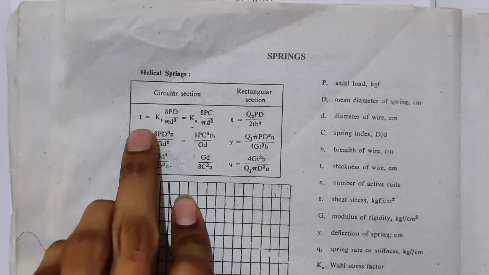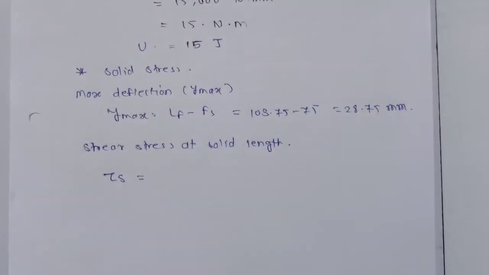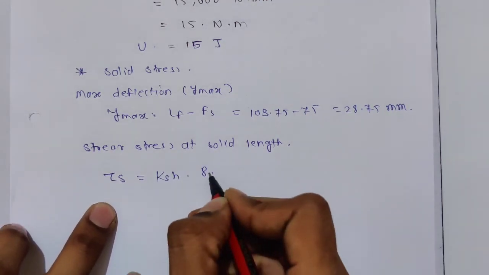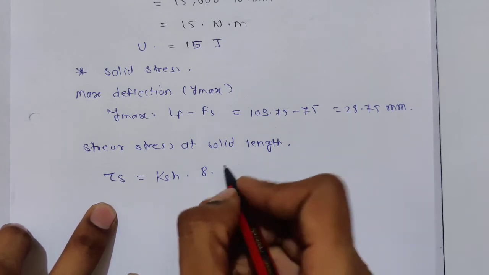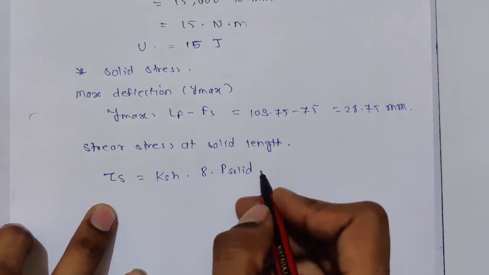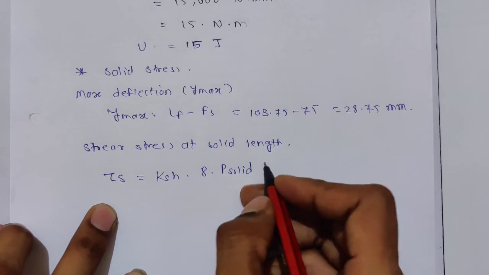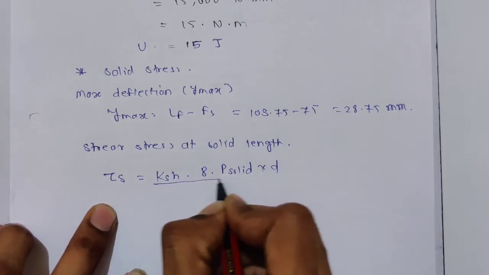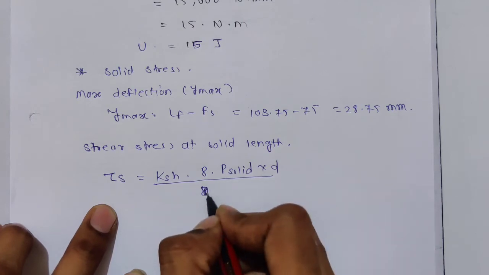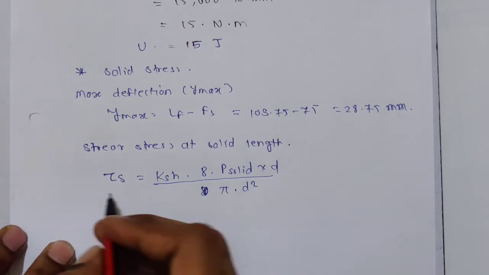For solid length we will use tau s, so this formula we will use. It is nothing but KSH into 8 into the load which is acting on the spring at solid length, P solid, into D divided by pi d square. So we have to find this P solid.